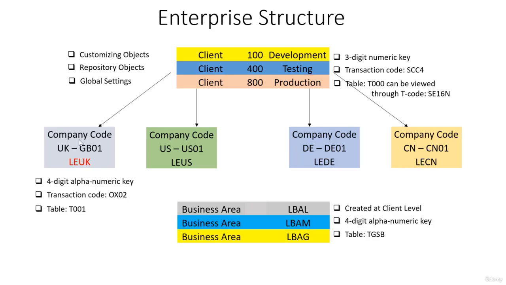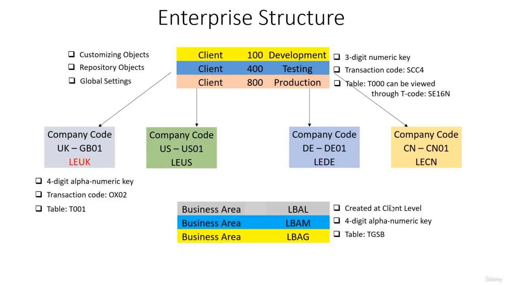It means that all the company codes can use that business area, because the business areas are created at client level. These are not particularly related to any company code, and there is no assignment between a business area and a company code. So business areas are independent, or you can say that these are created at client level.